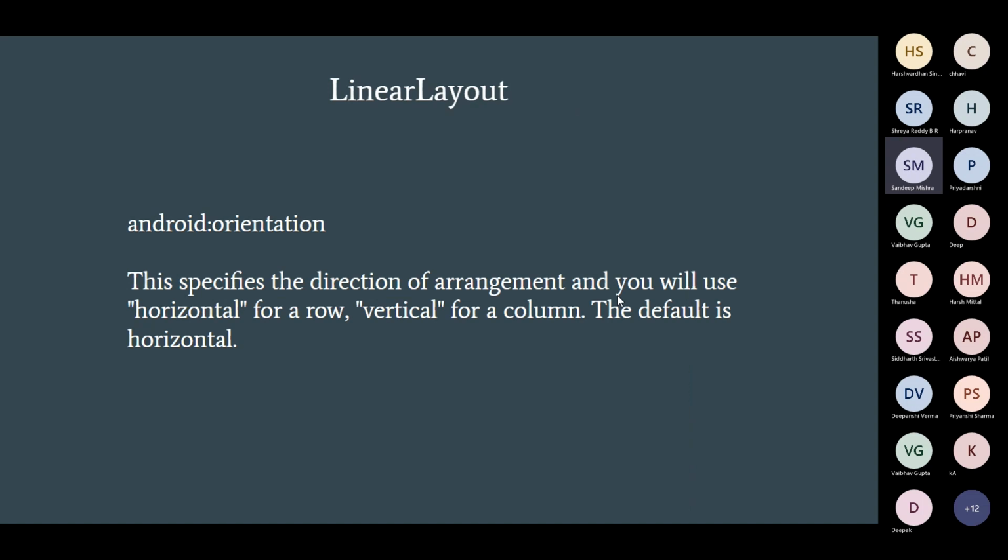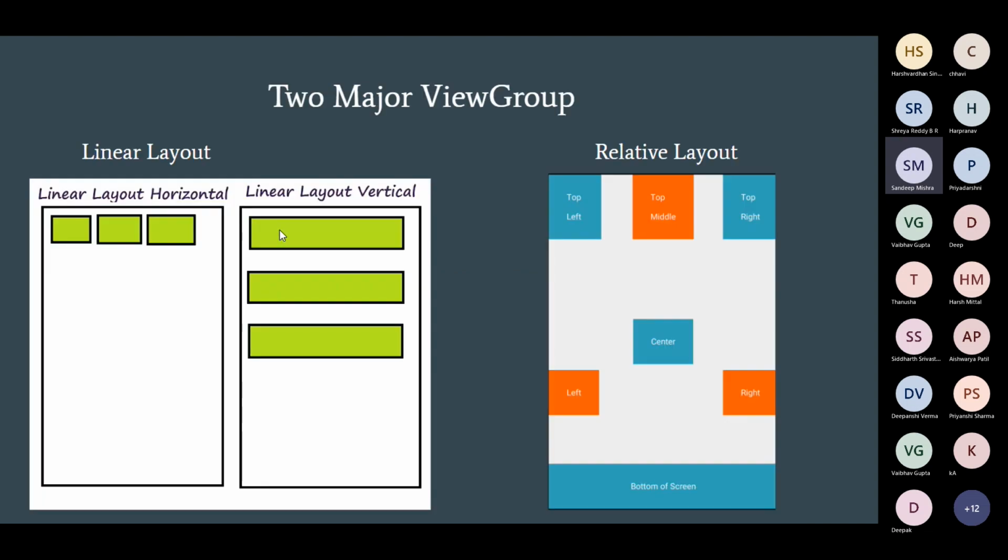So first we will consider what is linear layout, and there is an attribute known as android:orientation. This is an attribute which is used to tell Android what orientation we want for our linear layout. If we place it as horizontal, then each child will be stored in the horizontal fashion as in the left side view.